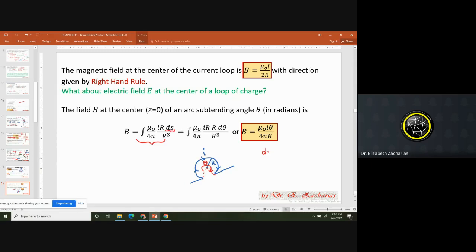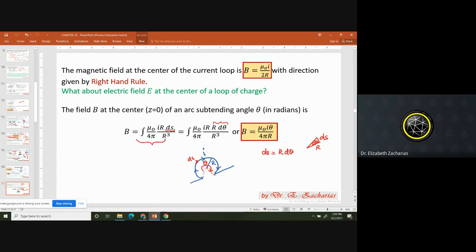So we can say that ds is going to be equal to r d theta. ds is a small length element here, so instead of ds, you put r d theta. Then do an integration. r is a constant, so only theta becomes the variable in this integration.